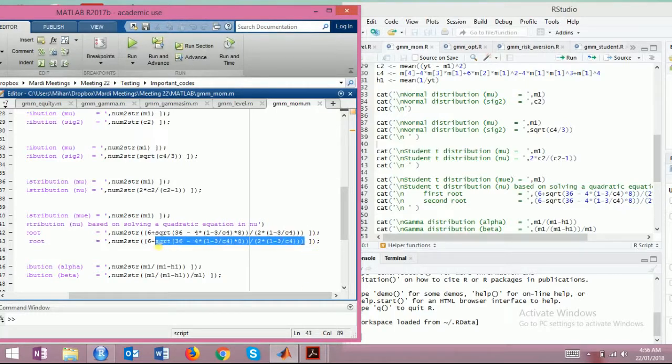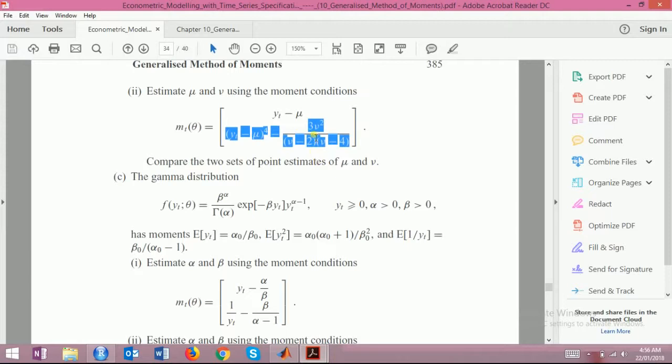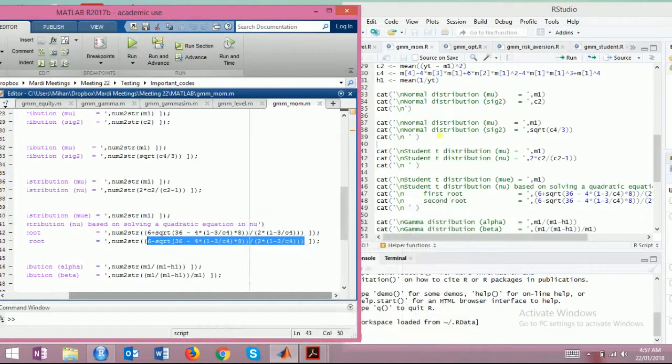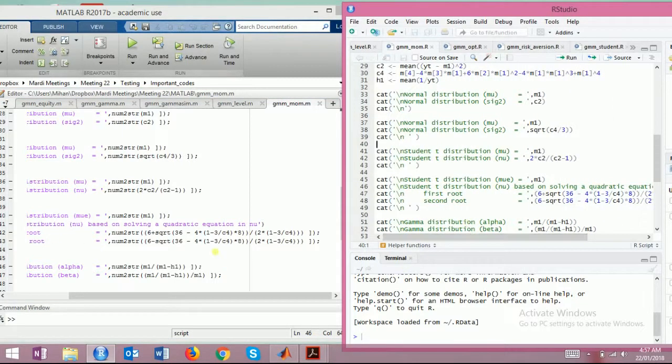One will be plus, one will be minus, so we get a plus minus result. For that we need to put nu's value here and solve the entire equation for nu, taking this equal to 0, and that will give us the first root and the second root of the quadratic equation.